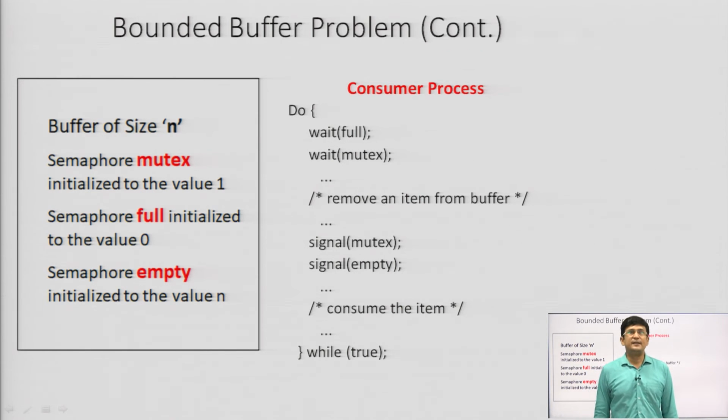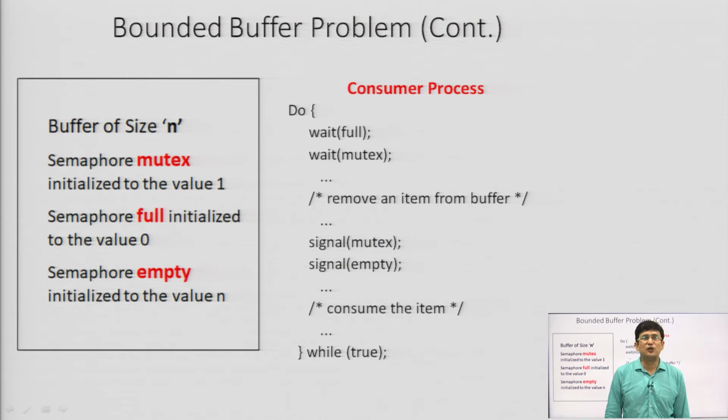Now, let us take the consumer process. The consumer process will consume an item. A consumer process can consume an item only if there are some filled slots in the buffer. If there is no slot filled in the buffer, then the consumer cannot consume. So, the very first check that we should apply is on the number of full slots. If the number of full slots is 0, an item cannot be consumed.